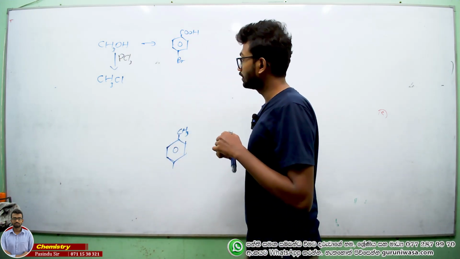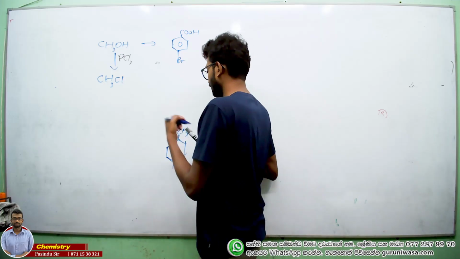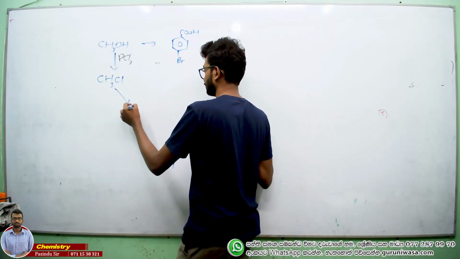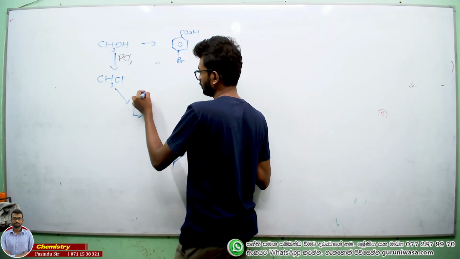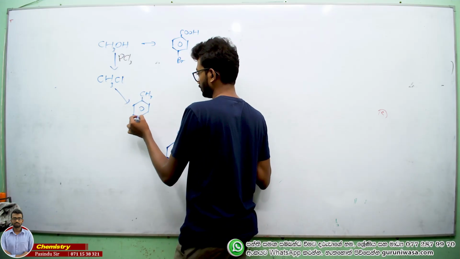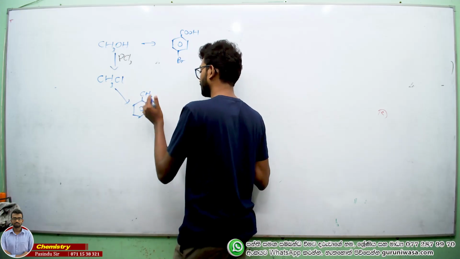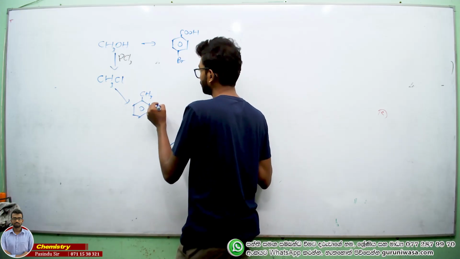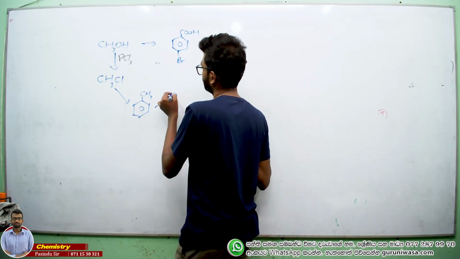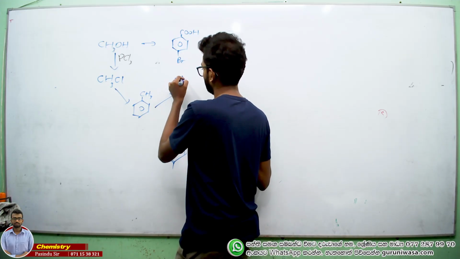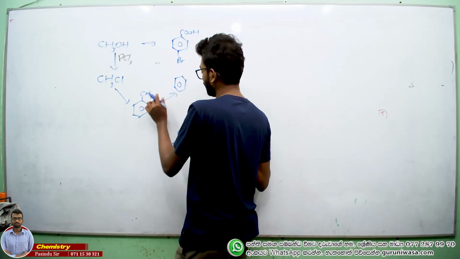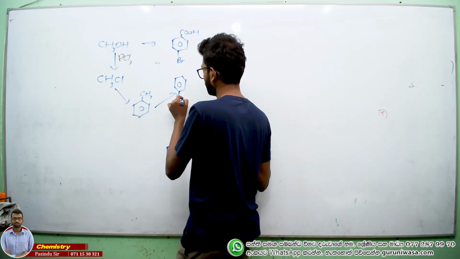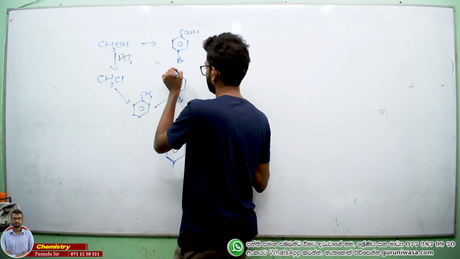Okay, then I can make this structure. This one is a para directing group. Then I can add Br at this stage.